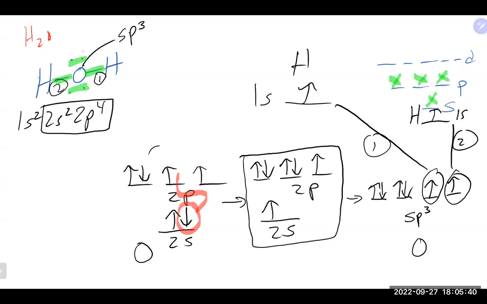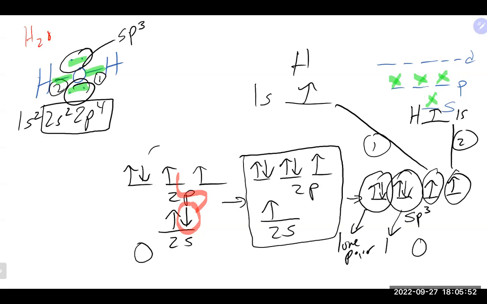And now what is left is an unpaired electron, which would be represented by that, and one more unpaired electron, our lone pair there, which would account for that guy. So once again, our hybridization accounts for both the non-bonding electrons that we see around the atom and also all the bonds that we see occur here.